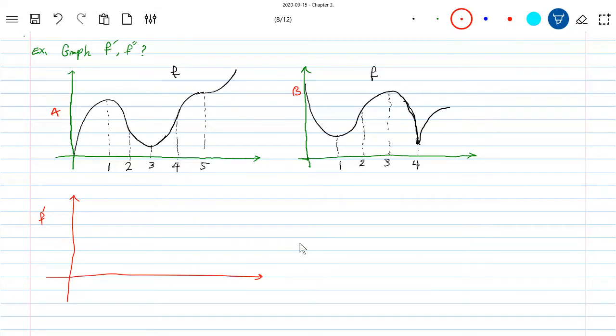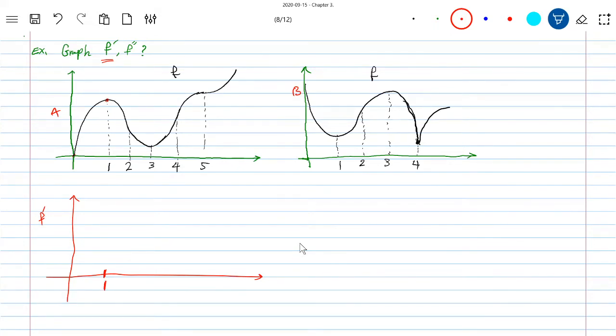So the function starts from 0 up to wherever this point is. The function is increasing up to 1. Up to this point, the function is increasing. What does it mean? That means the first derivative must be positive. So up to 1, you should have a positive f prime.